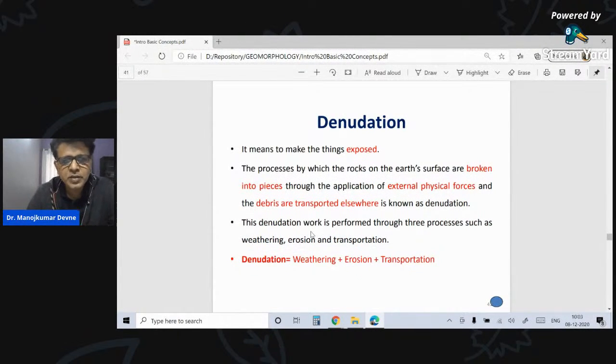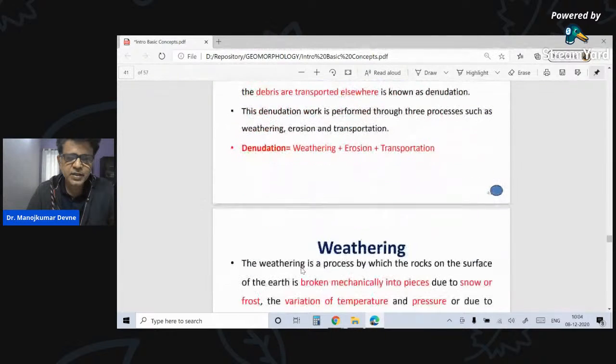It means to make things exposed, to scrape things, the process by which rocks on the Earth's surface are broken into pieces through application of external or physical forces, and the debris is transported elsewhere is known as denudation. Denudation work is performed through 3 processes such as weathering, erosion, and transportation. I would partially include mass wasting here as such.